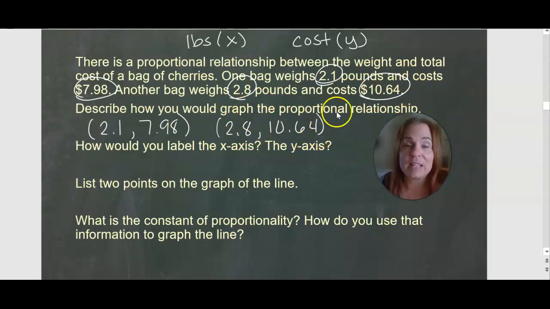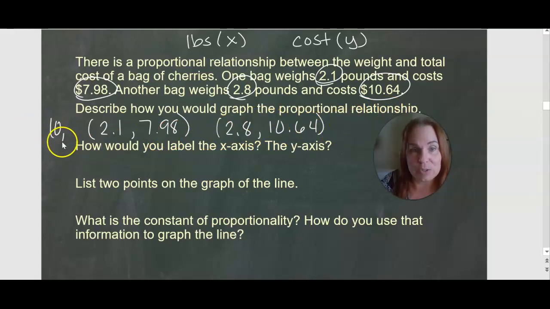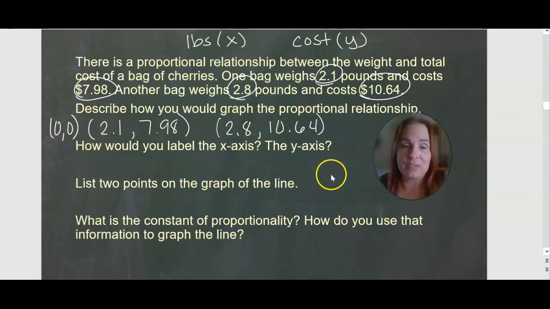Right? That's how I would graph it. I would plot those 2 points and I would connect them. I would also make sure to include the point, let me put it over here, real small, 0, 0, right? Because if it is proportional, it has to go through the point 0, 0. So I would plot those 3 points and connect it with a line. That's how I would graph it.